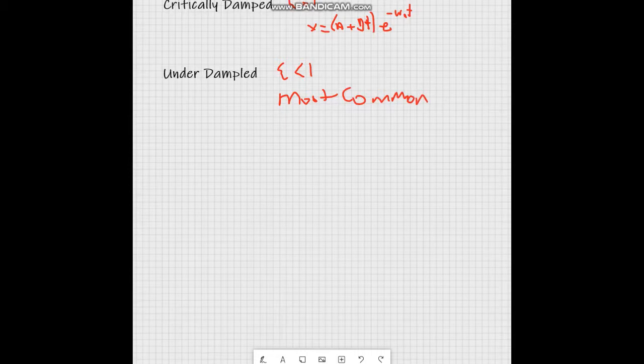So when we have underdamped, as we said, psi is smaller than 1, and it is the most common in nature.